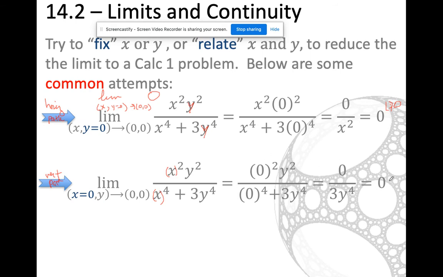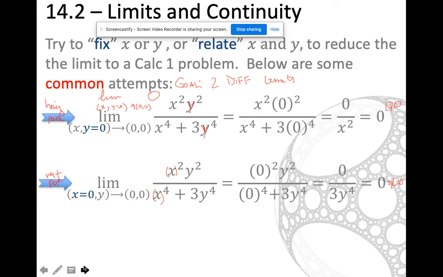The limit of a constant is that constant. Now, in reality, if I was doing this problem, I would have pretty easily seen that both the horizontal and vertical path would give me 0. So I really would have only tried one and said, well, they're going to give me the same thing. And remember, my goal is two different limits. I got the same one here, so it hasn't helped.